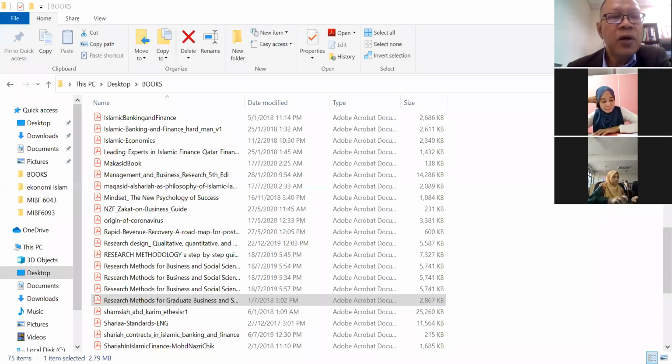Step number 3, solve the problem. Choose appropriate techniques. For example, regression model or simultaneous equation model or any other techniques that you want to use.